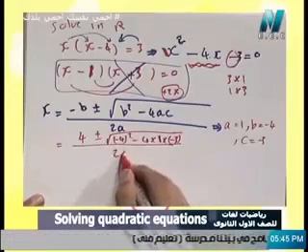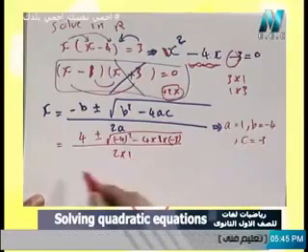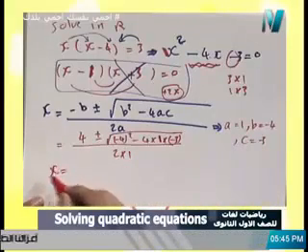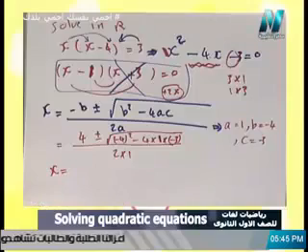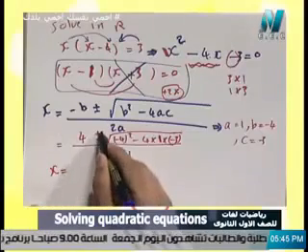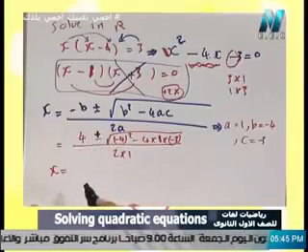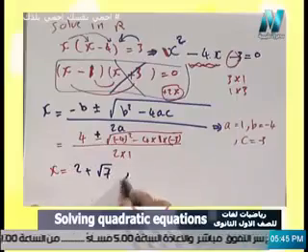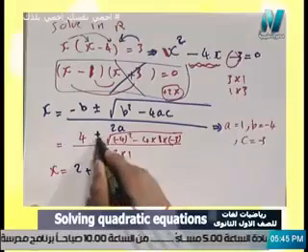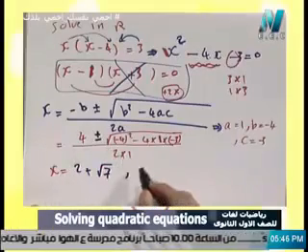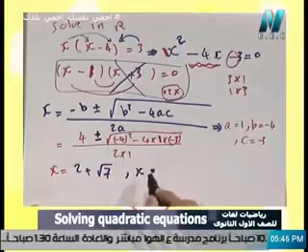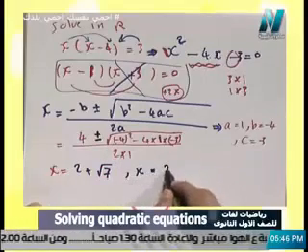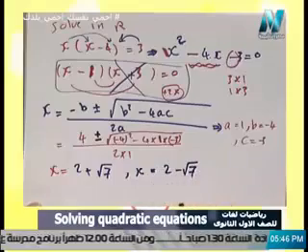Over 2a, 2 times a is 1, and by using your calculator, you will find that x equals, by using plus here, 2 plus root 7. But when you put minus instead of plus, you will find that x equals 2 minus root 7. Okay?